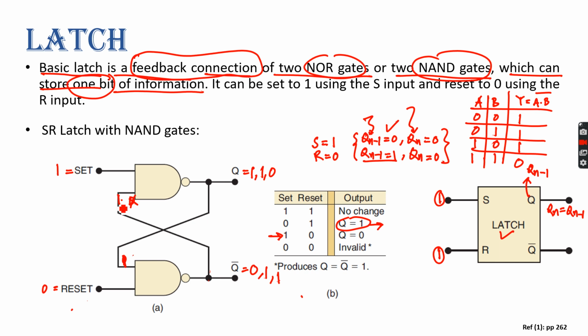So 1 1 gives you 0, and this 0 is coming here. So 0 0 gives you 1, right? Yes, sir. This 1 again goes there. 1 1 gives you 0 and this 0 is coming here. 0 0 gives you 1. So as you can see, after 2 or 3 pulses, this q settles to 0 and q bar settles to 1. This is what is indicated in this table. Clear? Yes, sir.